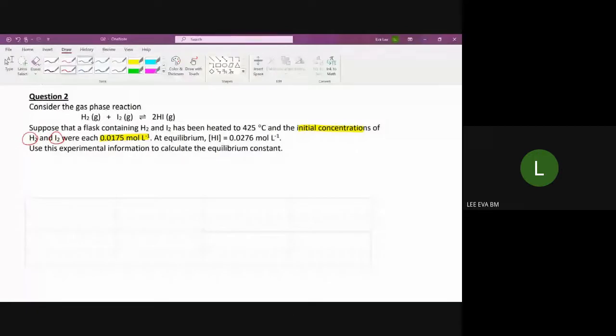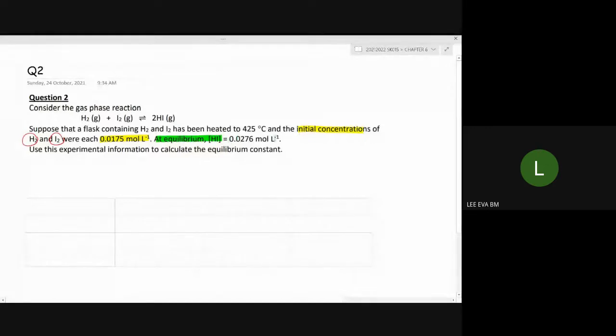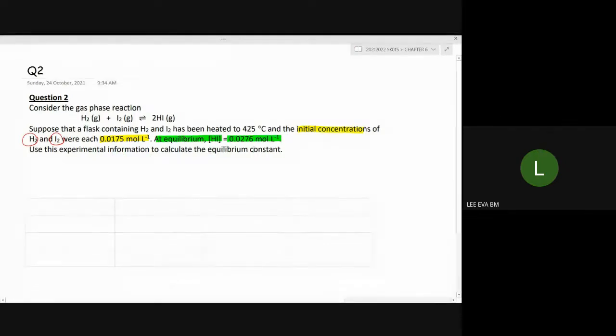And you are also given another thing. At equilibrium, the concentration of HI equals this value. So diberi dua concentration. Initial concentrations for the reactants, and at equilibrium you have the concentration of HI. Using this experimental information, calculate the equilibrium constant.